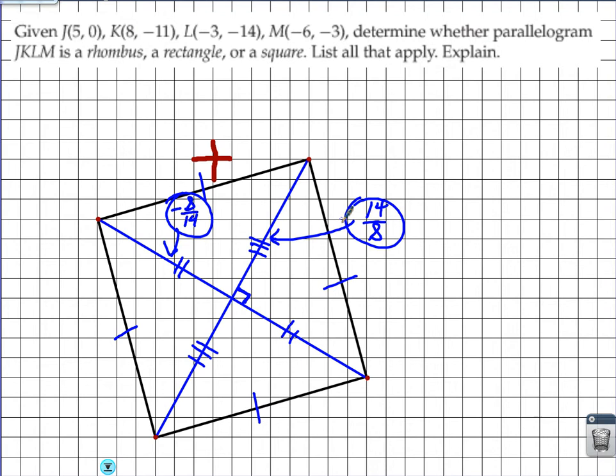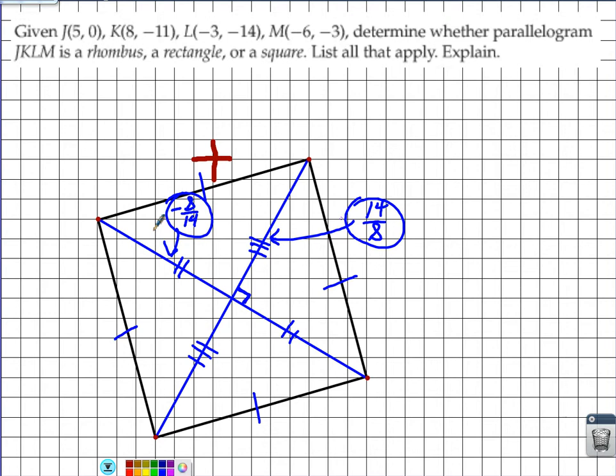Think about this. See if you can picture this. When I counted up 14 and over 8, do you see that right triangle there? So you're going to have leg lengths of 8 and 14, right? Well, what about this other diagonal? If you drew a little right triangle there, didn't you have leg lengths of 8 and 14? Are those diagonals the same?